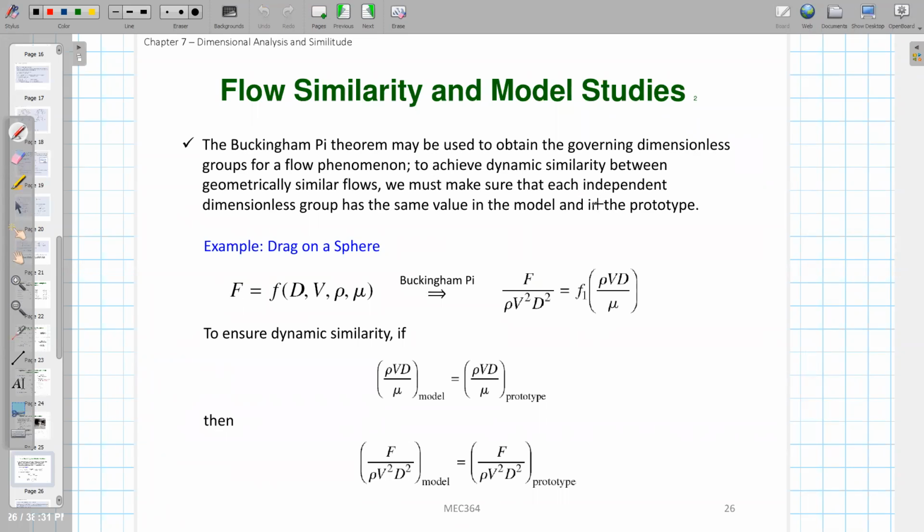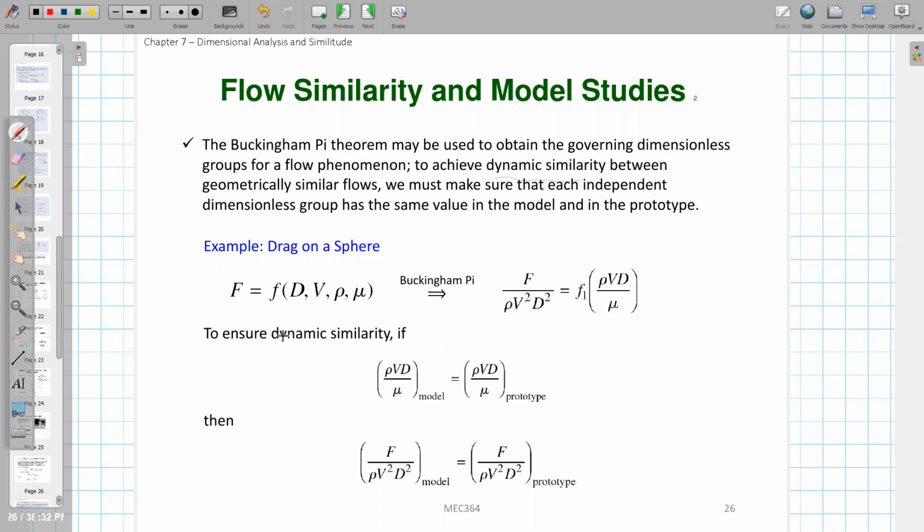So to achieve the dynamic similarity, you just make sure that, from the Buckingham Pi theorem, all your dimensionless parameters are the same. Same example for this drag on a sphere. You have this drag force equal to all these parameters, right? And after you do that dimensional analysis, you see that this dimensionless force is only a function of the Reynolds number.